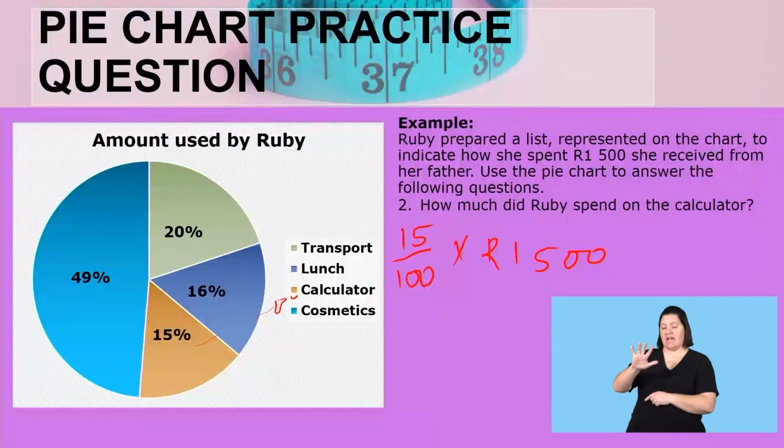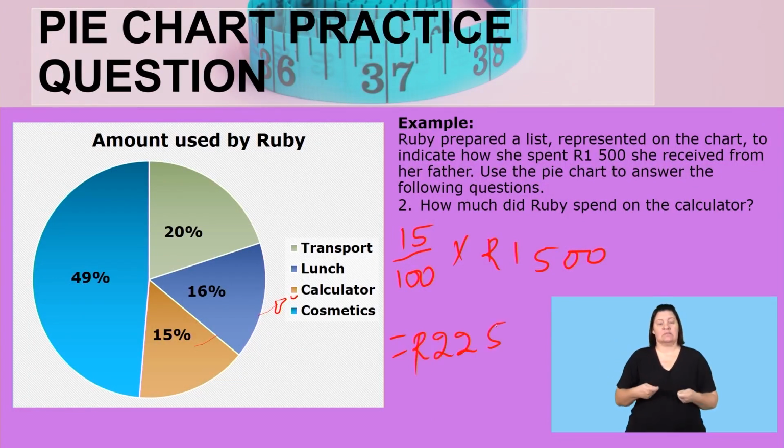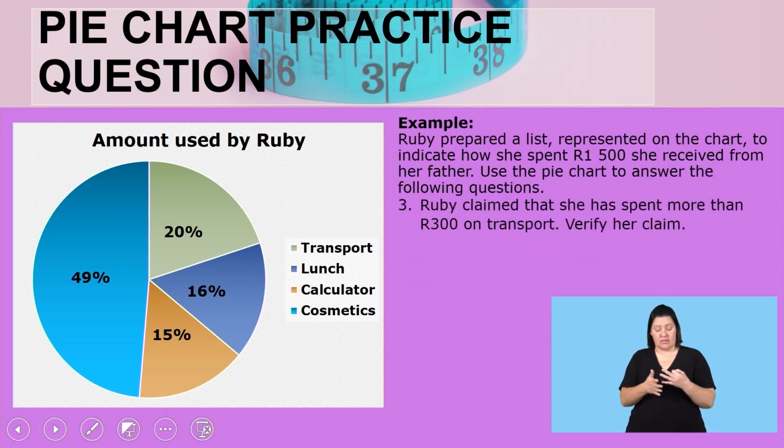We have 15 divided by 100, and we multiply this by 1,500 rand. And then she has spent 225 rand. 225 rand was spent on the calculator. That is the actual amount spent. Let us move to the next question.